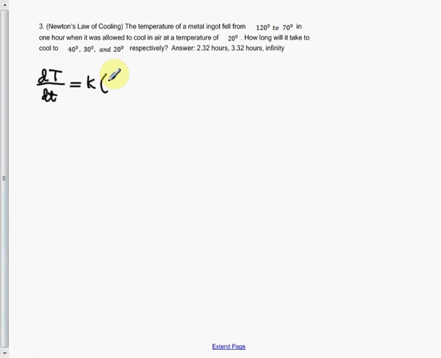If it's in the refrigerator, what's the temperature of the refrigerator? If you place it outside, what's the temperature outside? Place it in your room, what's the temperature in the room? So this becomes T minus T sub m. The medium is the surrounding.